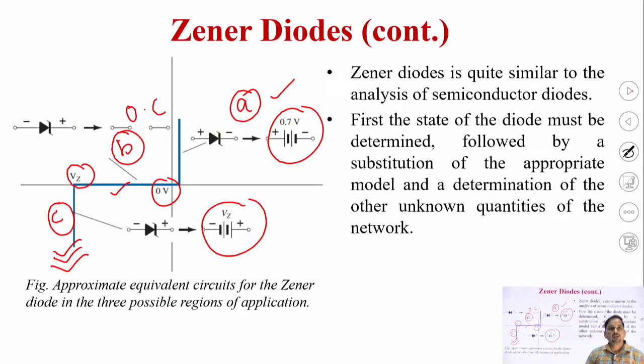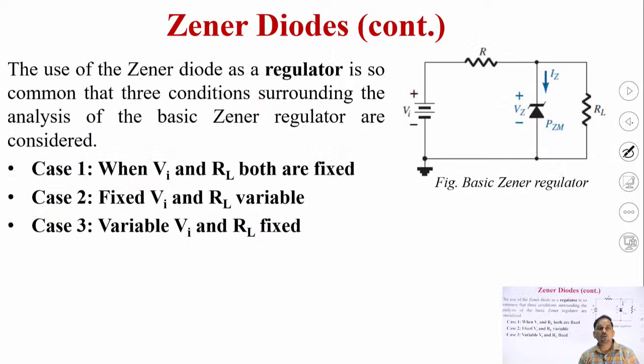Next we are going to see how we can utilize the Zener diode and what the possible cases regarding the regulator are. Regulator circuits are circuits which provide a constant voltage irrespective of variation in the input voltage, or irrespective of variation in the load resistance. On this basis we can consider three different cases.